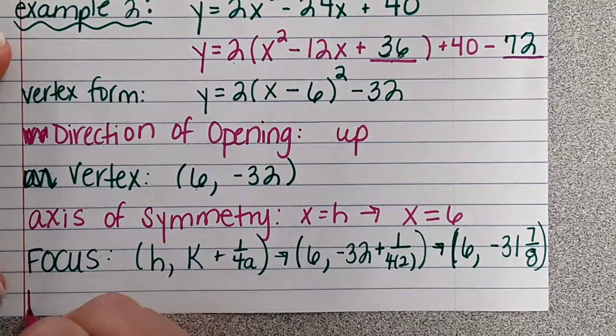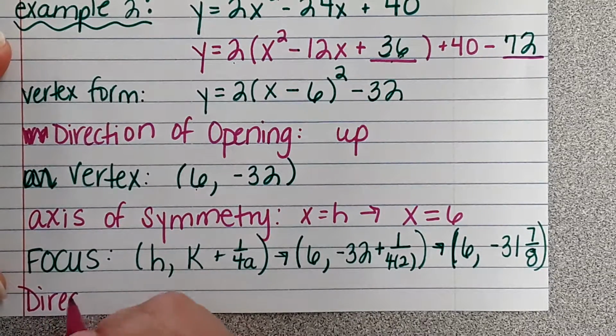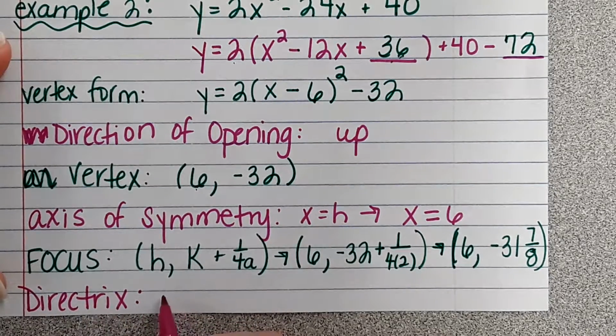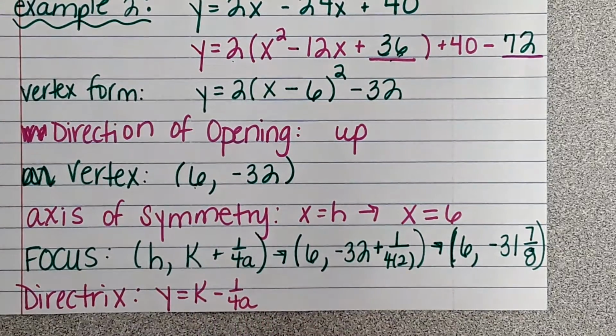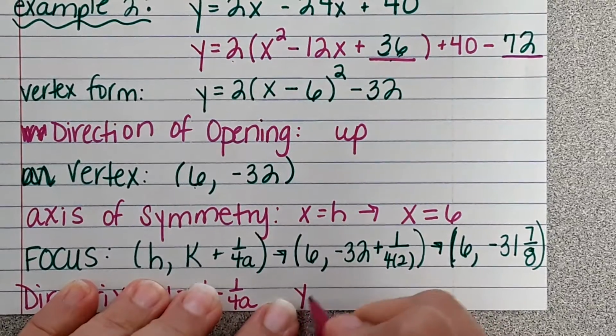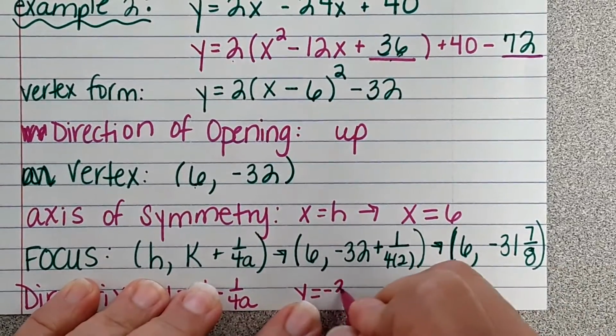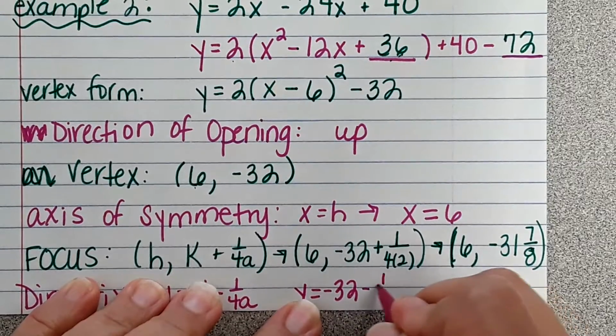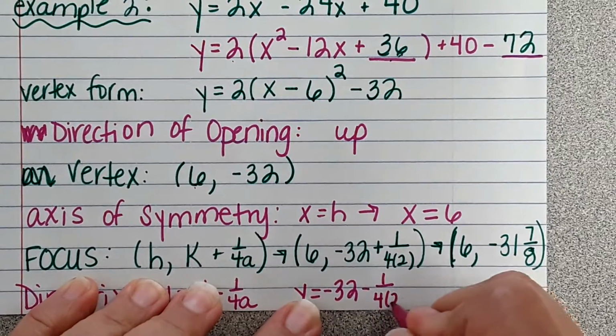And the last thing that we're going to find is what we call the directrix. And our directrix is y equals k minus 1 over 4a. So y equals negative 32 minus 1 over 4 times 2.